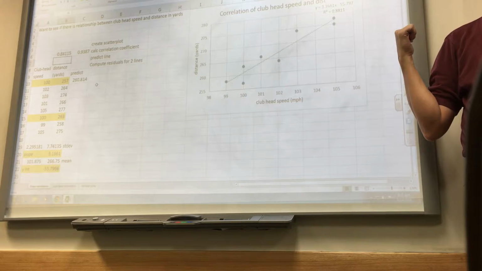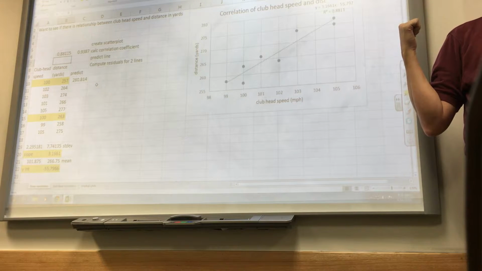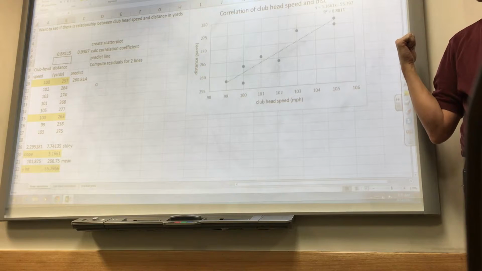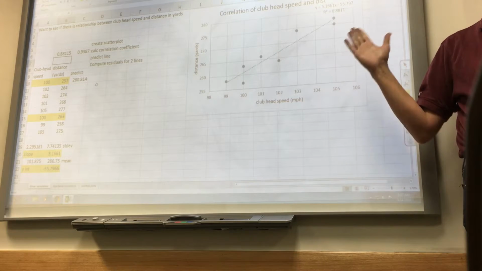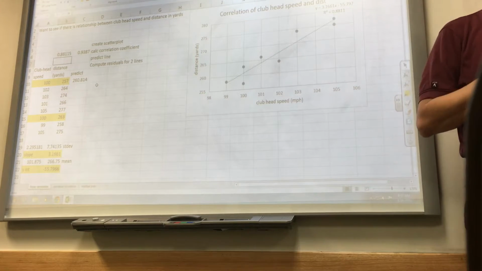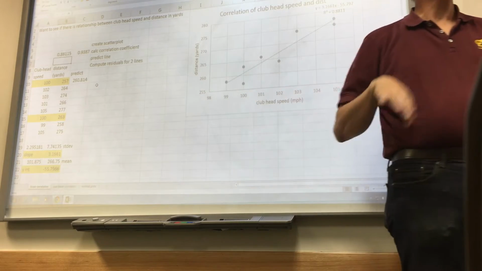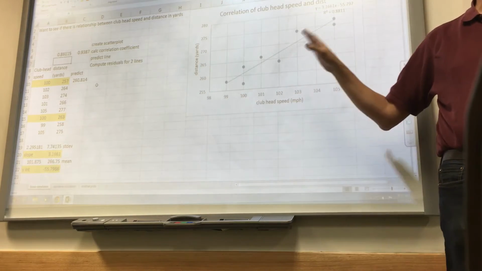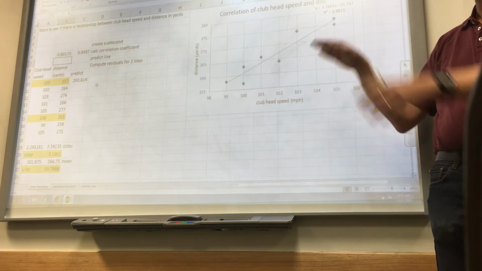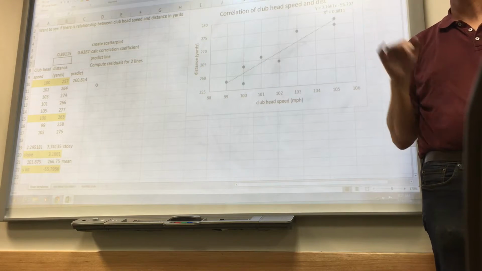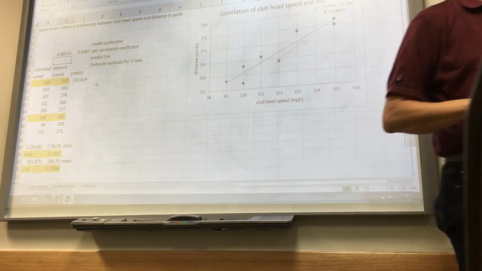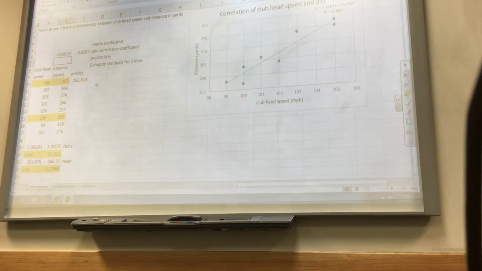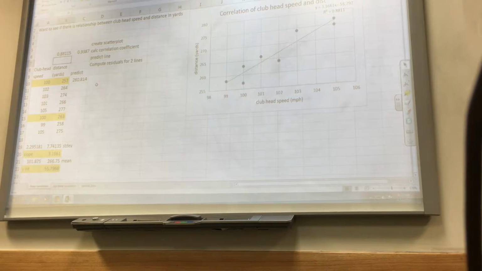You might break your ball or your club. 106, that'd probably be okay. 98, that'd probably be okay. That's a little bit outside the range. It'd probably work in those cases. But if you get really far outside of that, not necessarily. So you've got to be careful with what you're predicting. You know, if we were talking about child growth, a lot of times kids grow really fast and then they tail off.